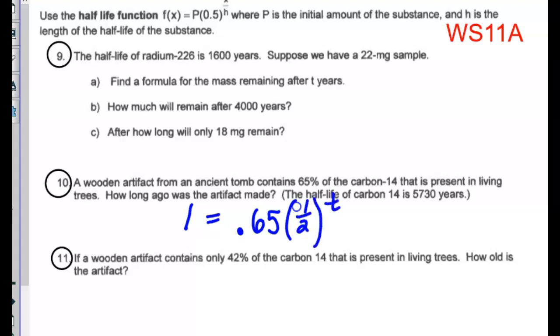And it wants to know if the half-life is 5730, how much time has passed. Can you write that down for number 10, just so you remember? That's how you're going to set up and solve that one. We can do one of those tomorrow if we need to.